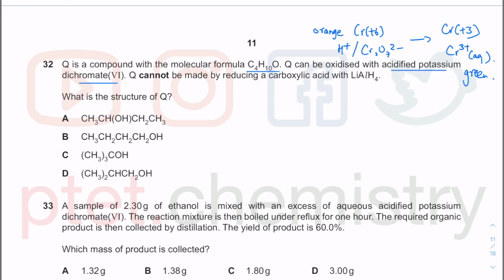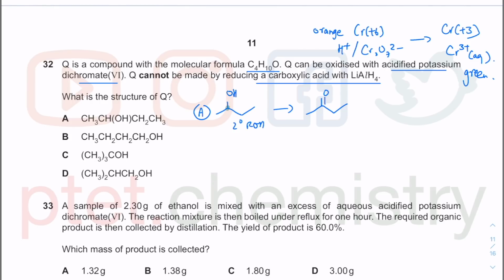So Q cannot be made by reducing carboxylic acid with LiAlH4. What is Q? Well, let's go through one by one. If I draw out the skeletal formula, this is butan-2-ol, because CH3, CHOH, and then CH2, CH3 can be oxidized. Yes, perhaps you can get all the way to ketone as this is a secondary alcohol.